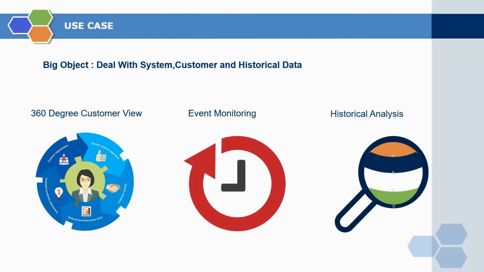Before jumping to the big object concept in detail, let's discuss some use cases. First is the 360-degree customer view, where you would like to store customer data over a long period of time, maybe for predictive analysis or for prescriptive customer alignment. Another use case is event monitoring, where you would like to do field audit trail or capture users' activities like login events in general.